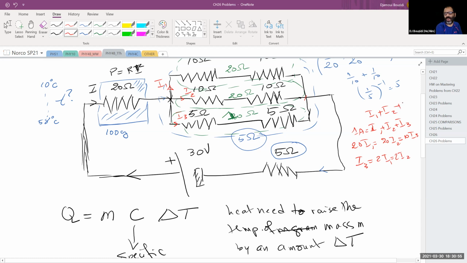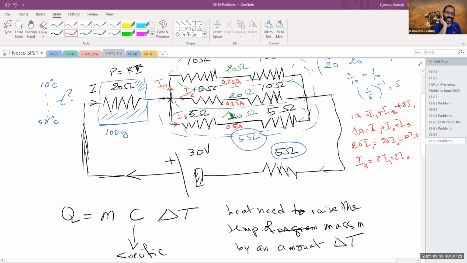And this I3 is just twice as much as any of the other two. So the whole thing is 1 amp. So I have 1 I1 plus 1 I1 plus 2 I1, that's 4 I1. So I1 is actually 0.25 amps. This I2 is 0.25 amps. And this is twice as much as any, which is a half an amp.